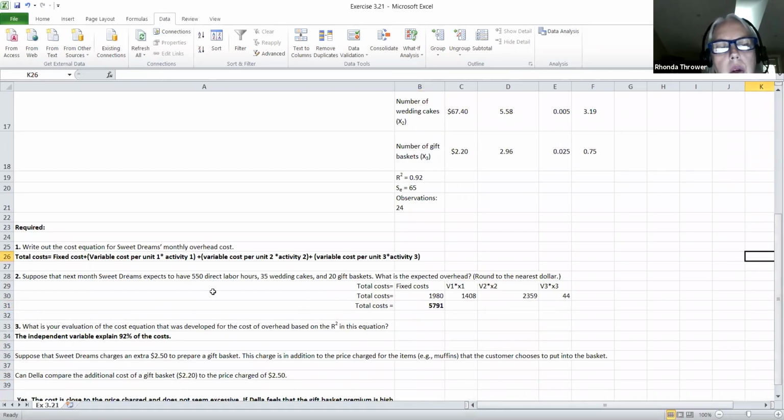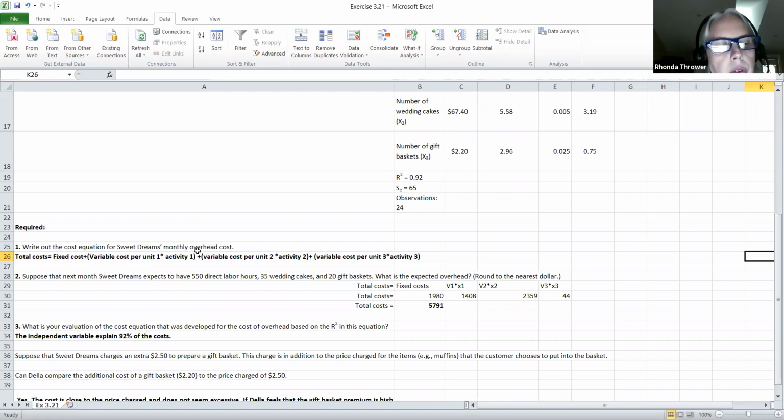And so the main thing is the total cost formula. Total costs are equal to your fixed cost plus your variable cost. In any regression analysis, that will work. So when you're choosing methods, the best method to choose would be the one that gives you the best answer that you can draw from these different methods.